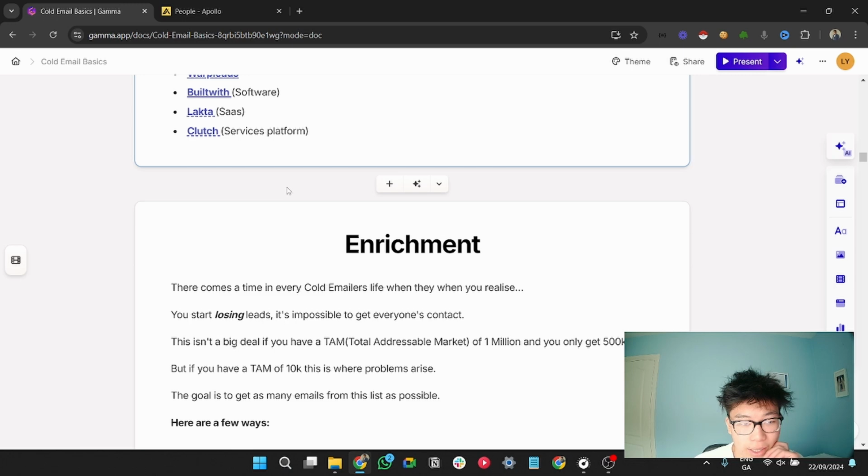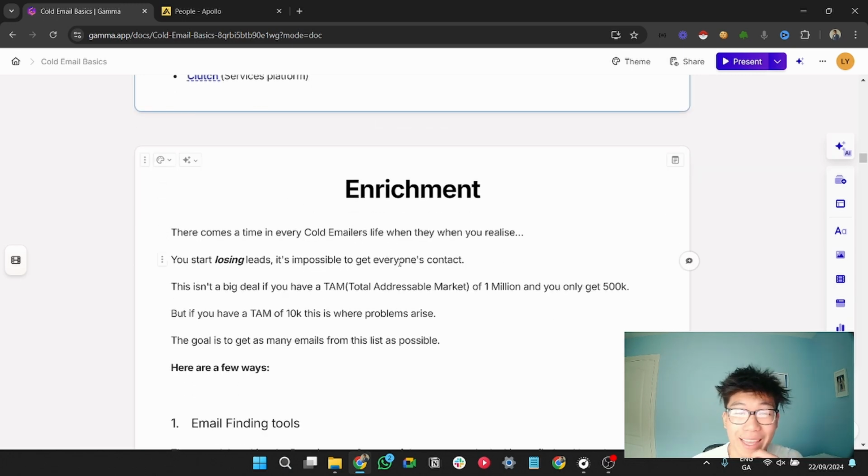So, enrichment. There comes a time in every cold emailer's life when you realize you just start losing leads. It's impossible to get everyone's contact. If you could get everyone's contact, you would have one of the most valuable skills in the world, because you can just find everyone's email.